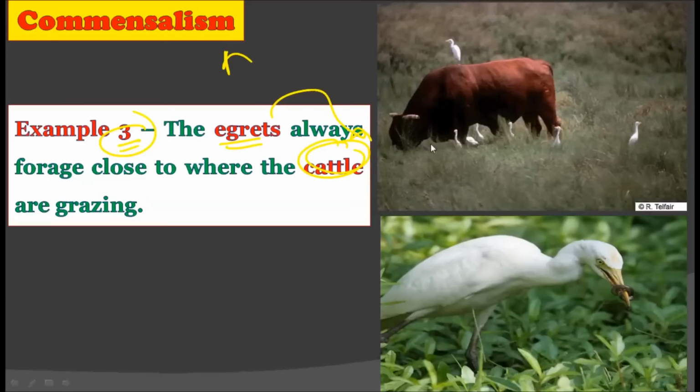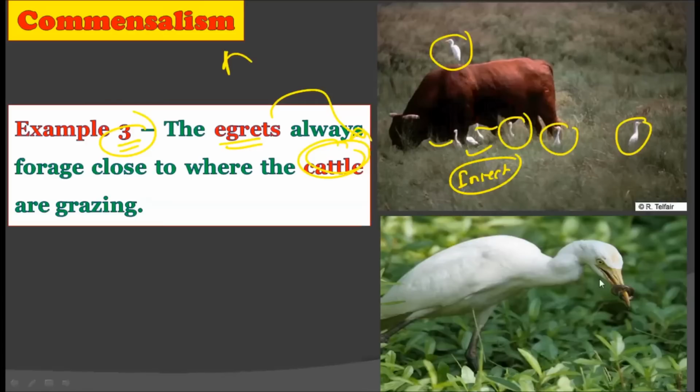Now you can observe in this picture, the cattle is feeding on the grass in an open area. The egrets following this cattle are present there for a purpose. What is happening here? These egrets primarily feed on insects. When the cattle feeds on the grass and walks through it, it unknowingly takes out the insects which are hiding inside the grass.